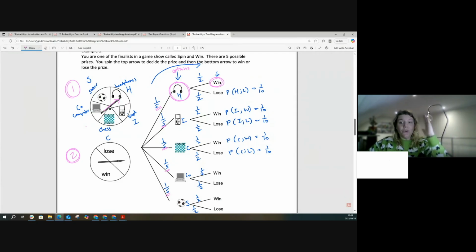When we work from one branch into another, we always multiply our probabilities because 2 things had to happen in order for this outcome to happen. So the probability of you first spinning a headset and then spinning a win is the probability of the first one times the probability of the second one, which gives us 1/10. Now, all of these are the same numbers. They're all 1/5 times 1/2. So that's why we know all of these are going to be 1/10.